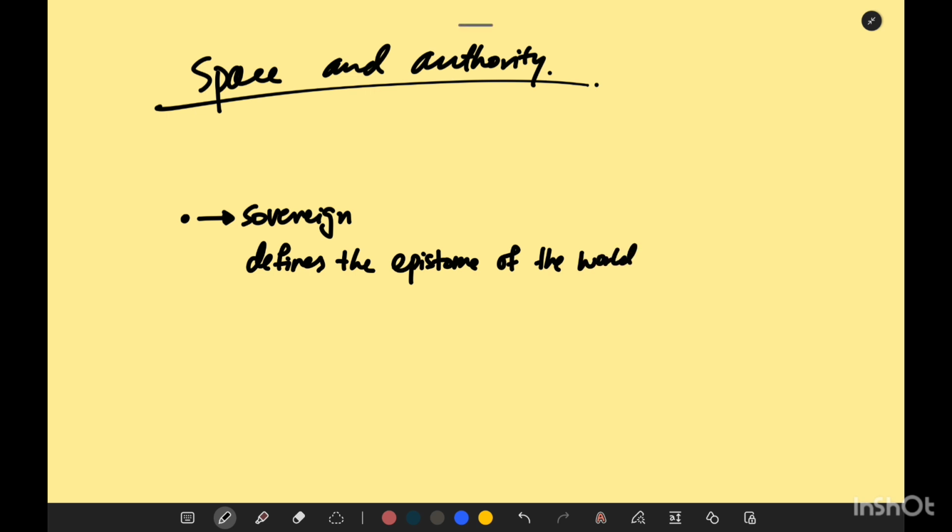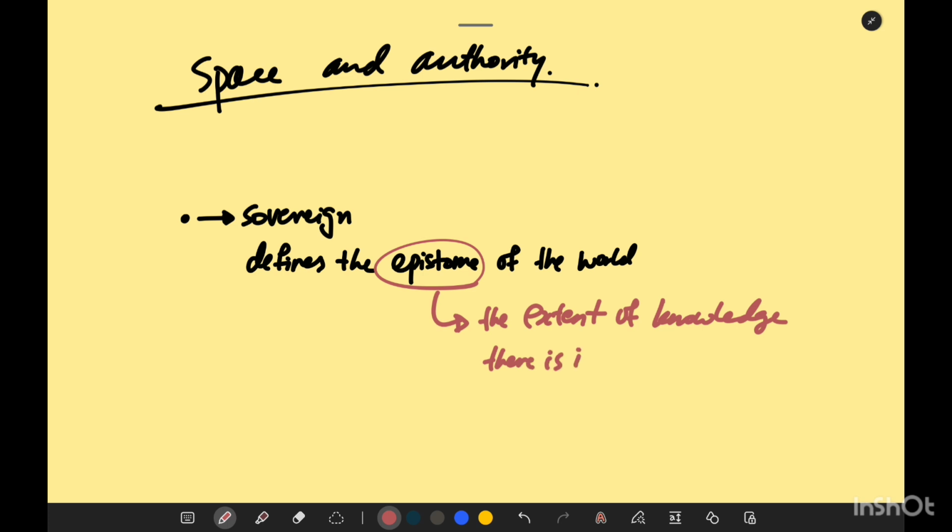And for those of you who don't know the definition of episteme, this is basically the extent of knowledge there is in the entire world. Yeah, so all of the knowledge that we have right now in the world is the episteme.